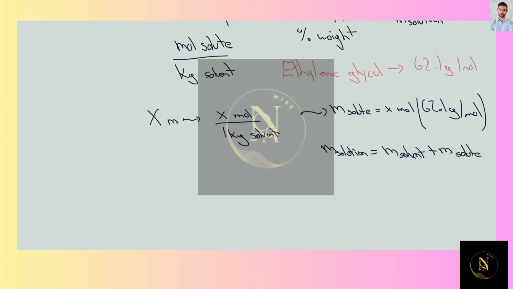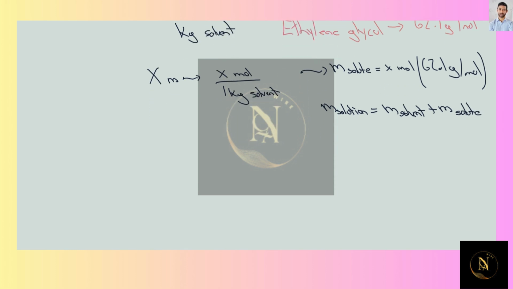So in this case, in order to get the percent mass over mass, or the percent weight, this is going to be equal to the mass of the solute, that was X amount of mole, multiplied by 62.1 grams per mole, divided by 1 kilogram. We need to have the same units of mass, so we're going to transform kilograms into grams.